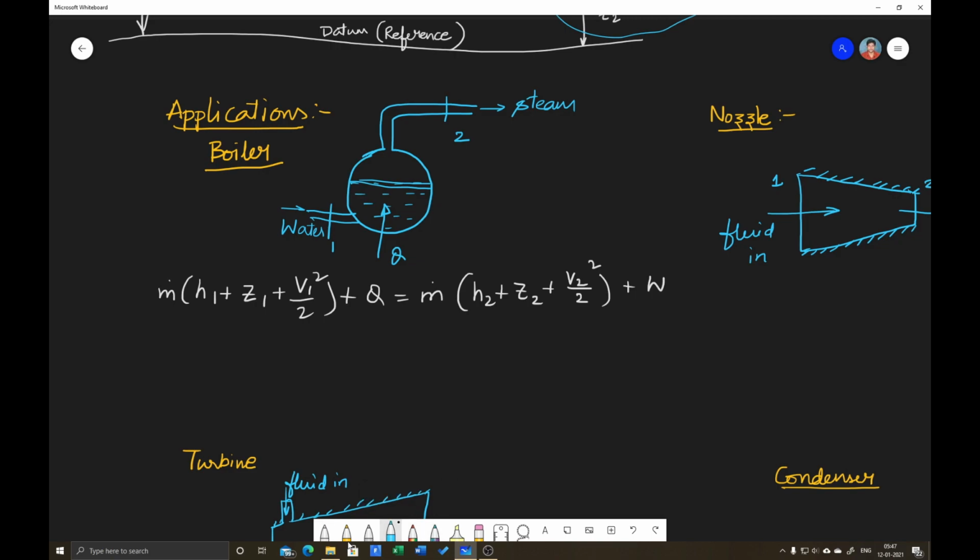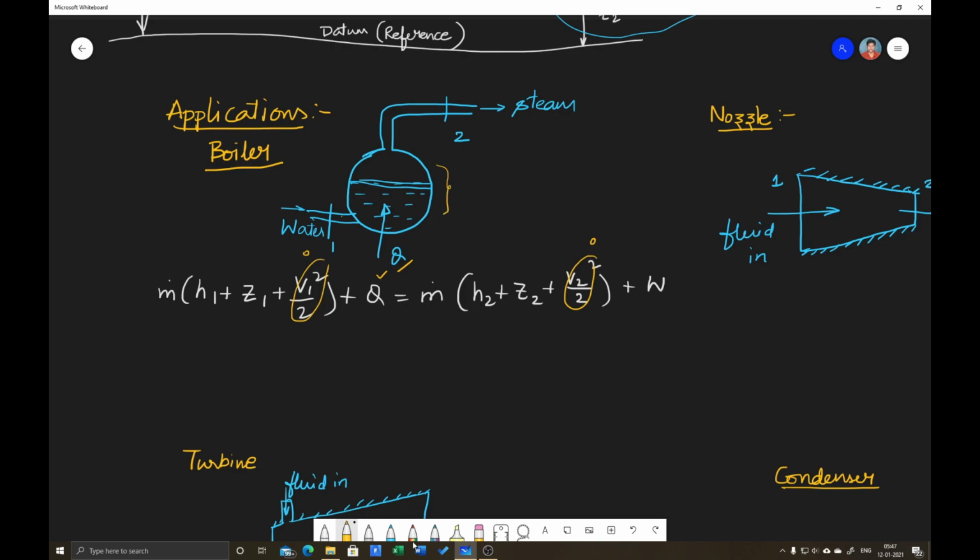Okay. Now we will see what are the terms that will cancel out. So here Q is there, so Q will be there. Water is entering into the boiler and steam is coming out of the system. So here there is no kinetic head because it is coming slowly and going out slowly. So V1 and V2 will be 0.